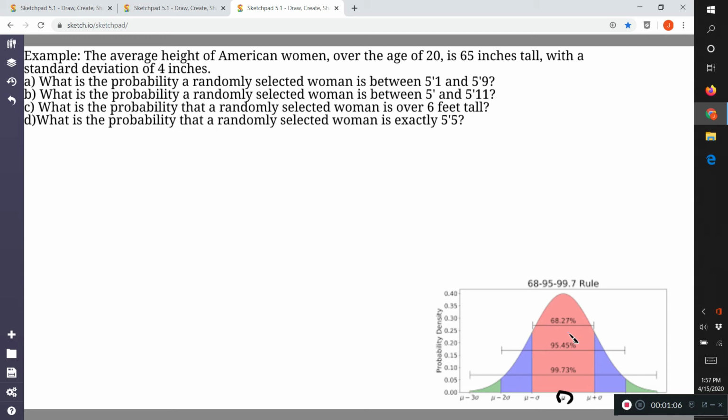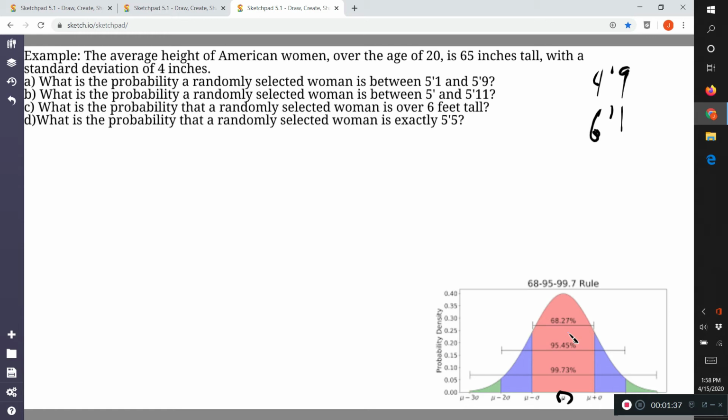So 8 inches shorter than 5'5" is 4'9", and 8 inches taller than 5'5" is 6'1". So if we look at it, between the heights of 4'9" and 6'1", 95% of the American female population will fall into that height range.